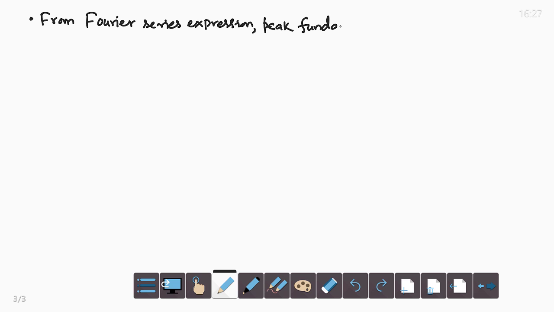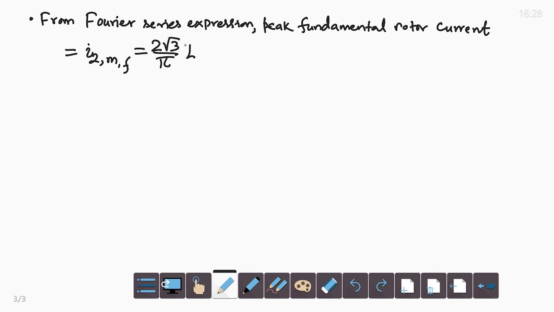The peak fundamental rotor current I 2 m fundamental is 2 into root 3 by pi times the DC link current I d.